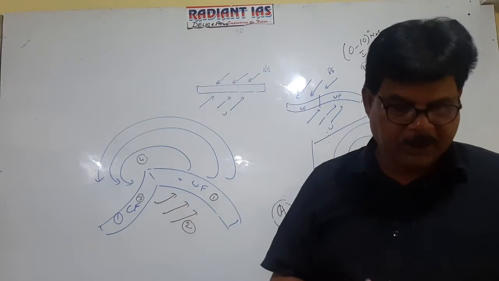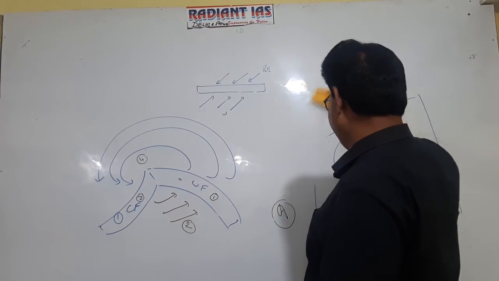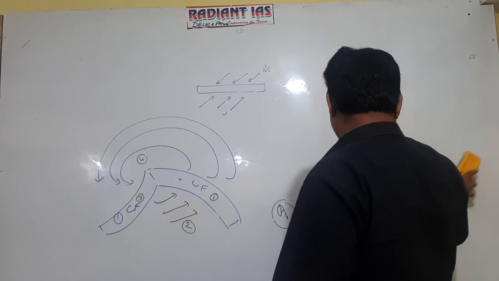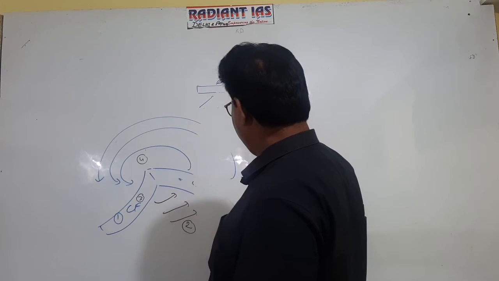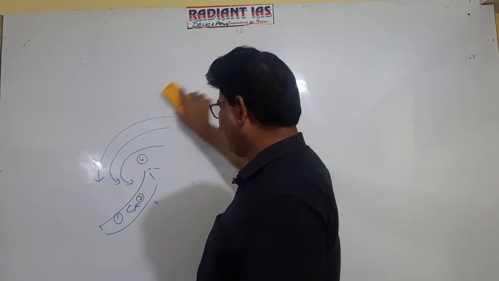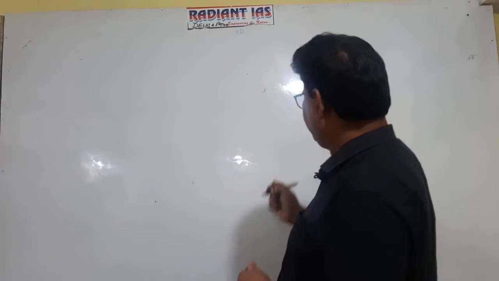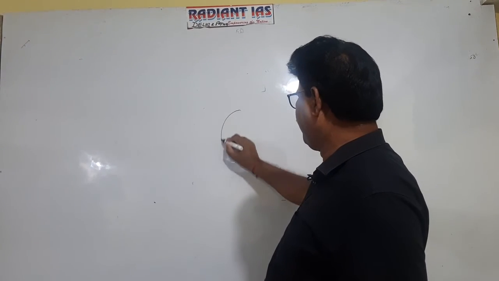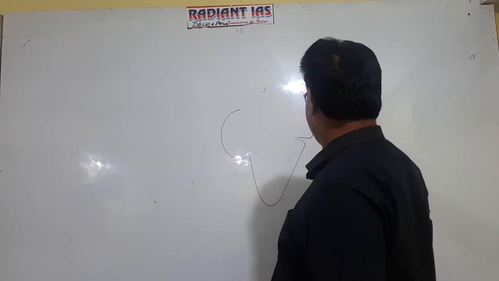Now see, as far as the question of India is concerned, the south peninsular part of India remains under the tropical zone. I am drawing an integrated figure. This is Africa and this is the peninsular part of India.